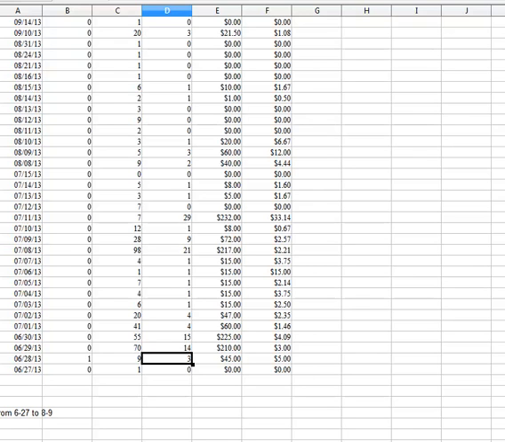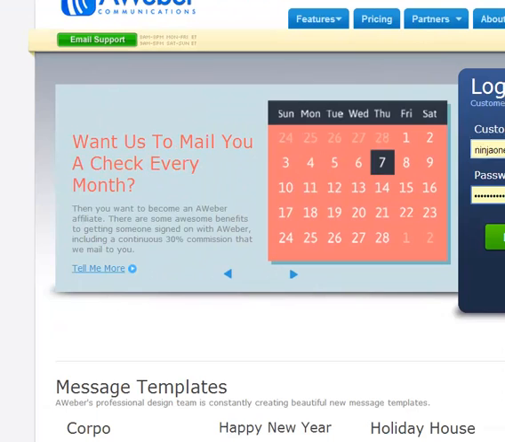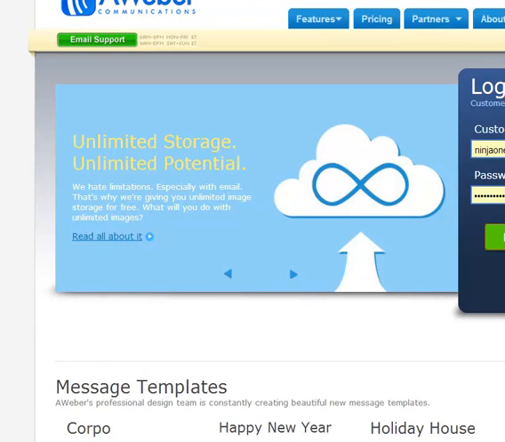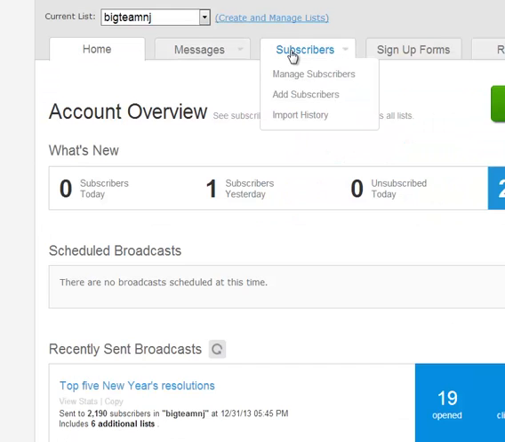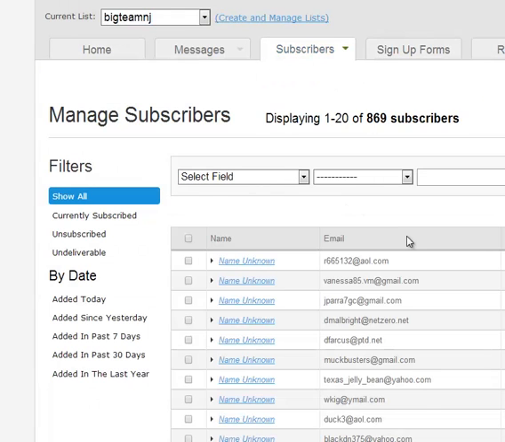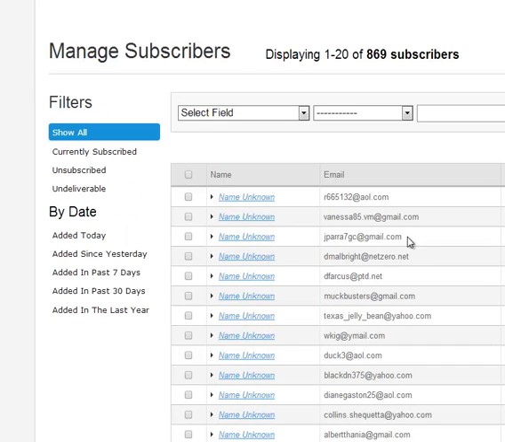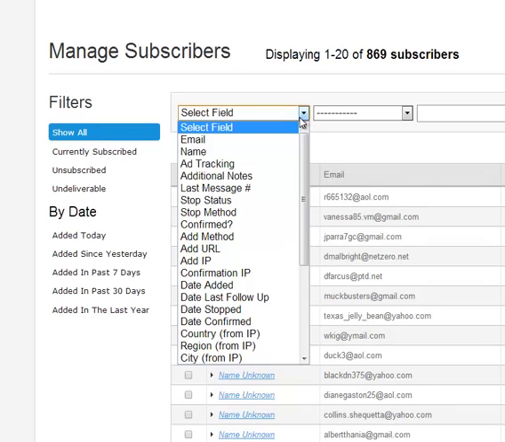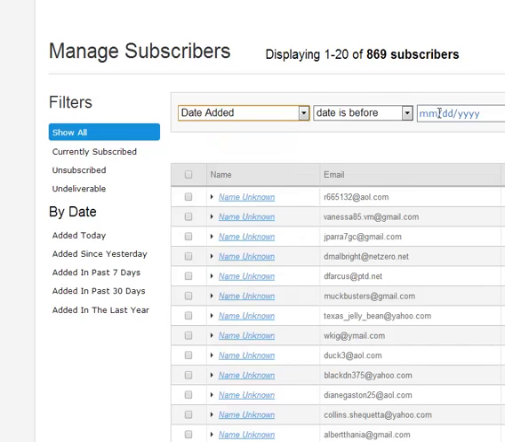Right now, I'm going to go into my AWeber. Log into my account. I'm going to go to one of my accounts, go to my subscribers. I guess I'm going to select a date range. Date added. Is after. That's what my spreadsheet said.